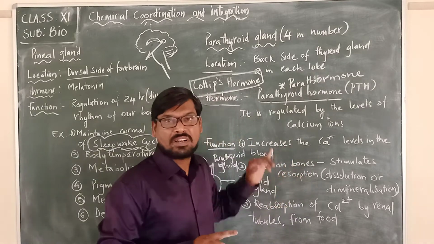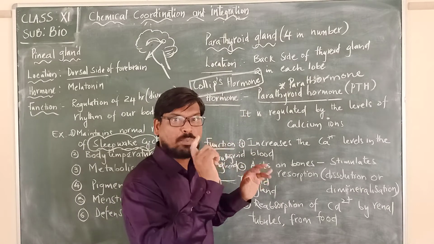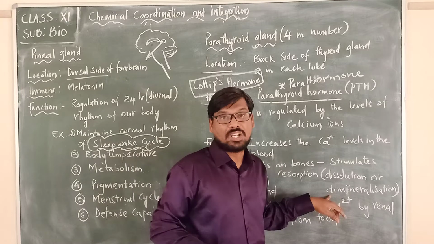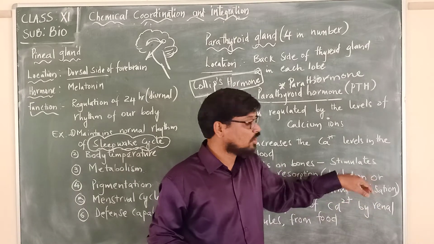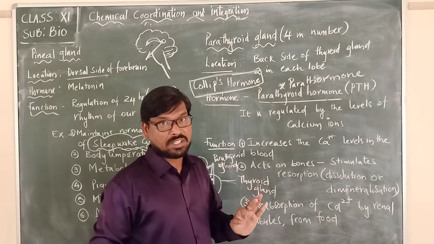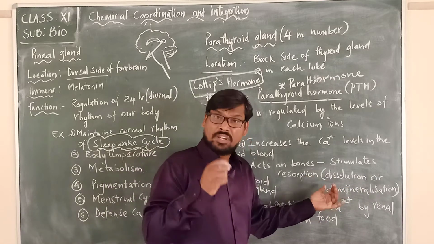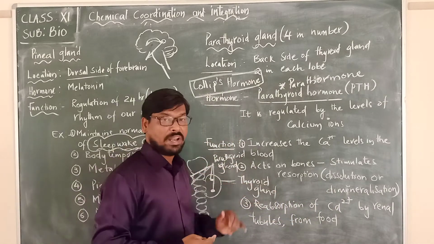But here we have to remember that Collip's hormone is acting on the bones, stimulating the bones to release the calcium. That we are calling demineralization or dissolution. Please remember that. In this way, it is increasing the calcium levels in the blood.